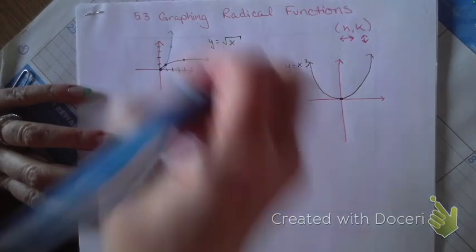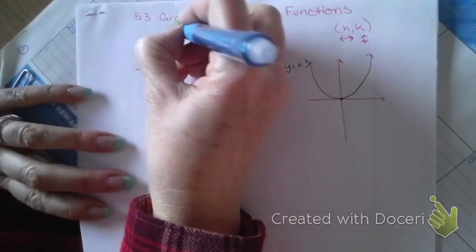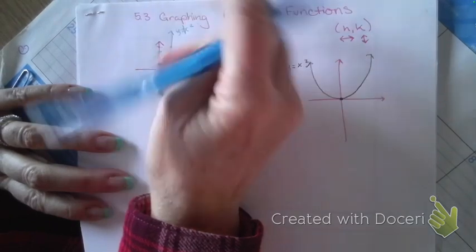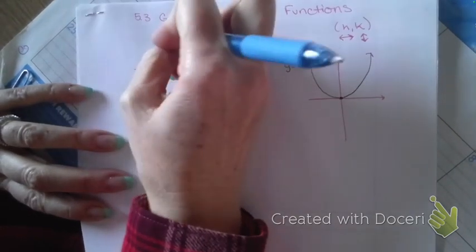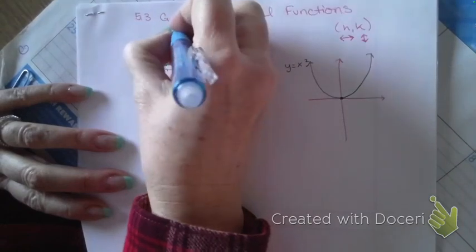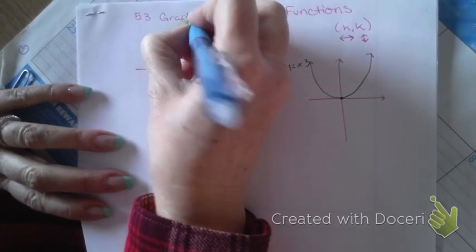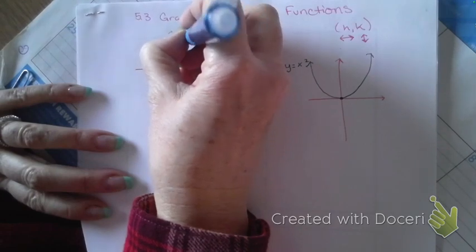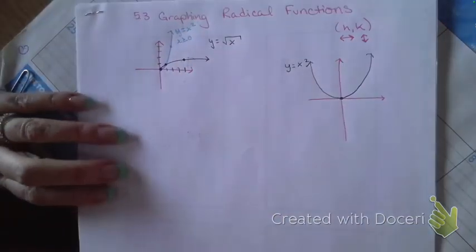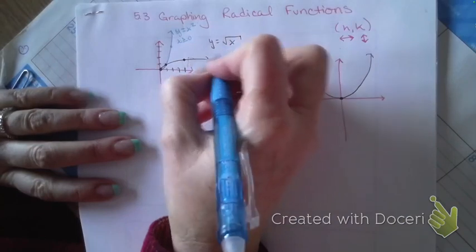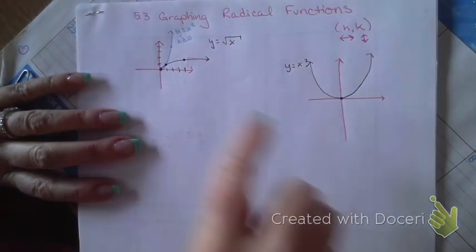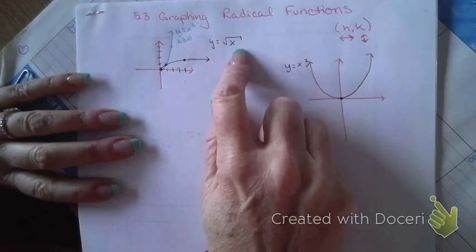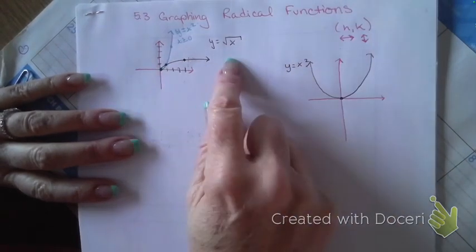So this is y equals x squared, where x is greater than or equal to 0. So I constructed this without knowing anything about the shape of the graph, didn't I? But now you know.